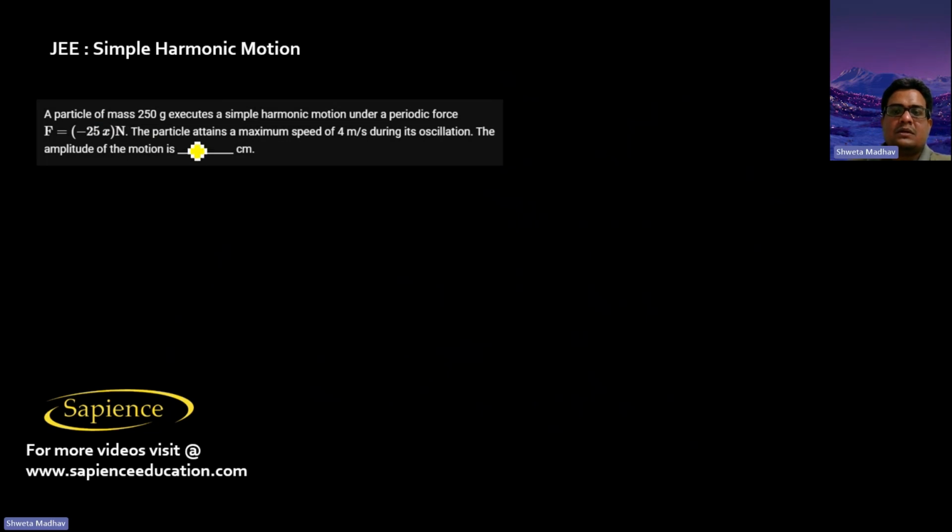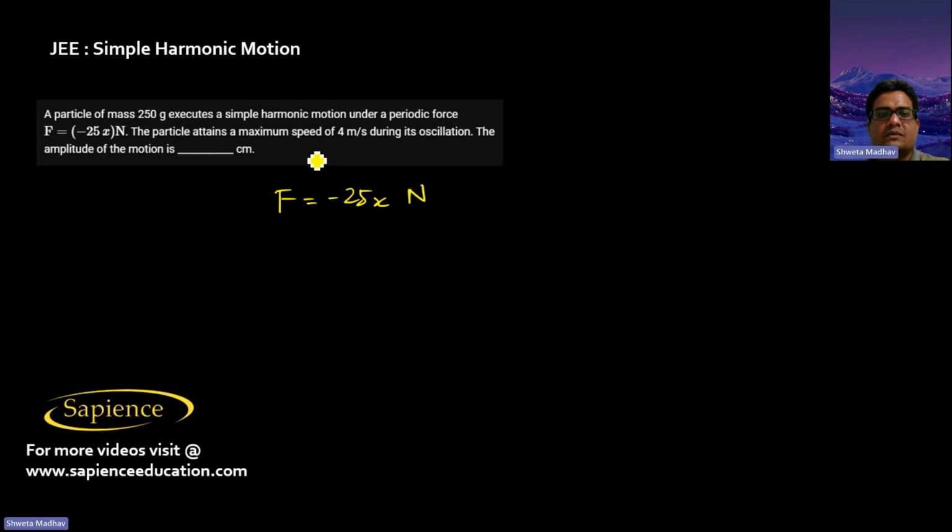And here it is told a particle of mass 50 gram executes a simple harmonic motion under a periodic force F equal to minus 25 x Newton. The particle attains a maximum speed of 4 meter per second during its oscillation.